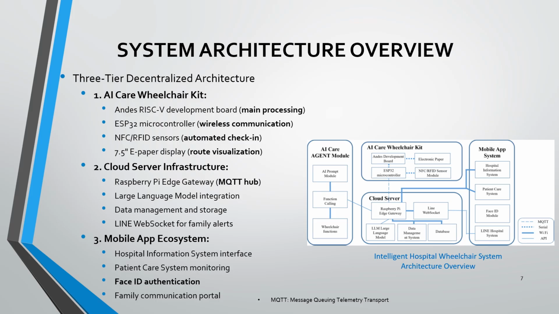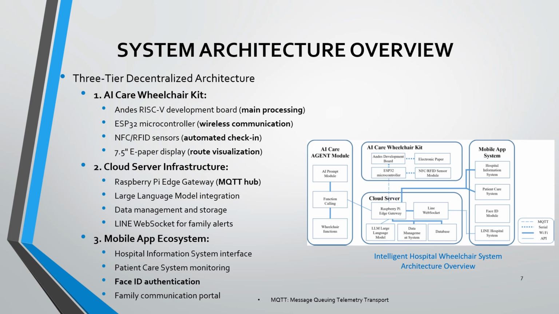There is a three-tier decentralized architecture: AI Care Wheelchair Kit, Cloud Server Infrastructure, and mobile app ecosystem. The AI Care Wheelchair Kit is used for main processing, wireless communication, automated check-in, and route visualization.